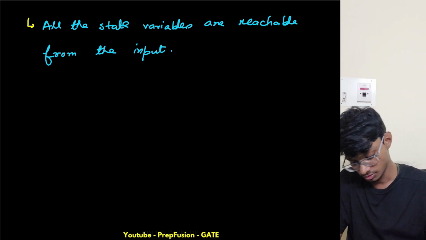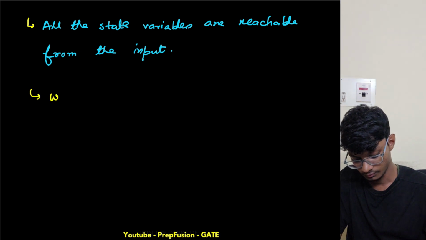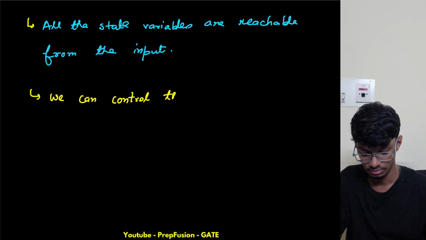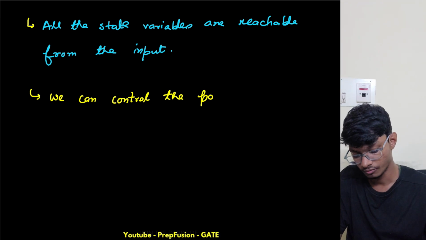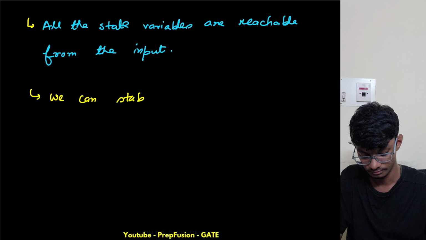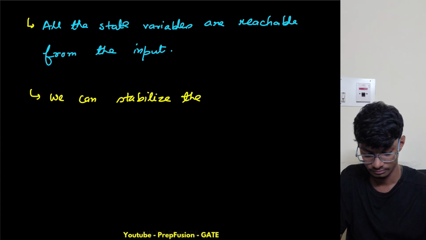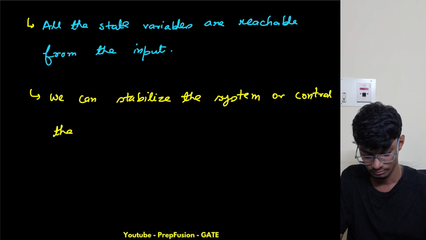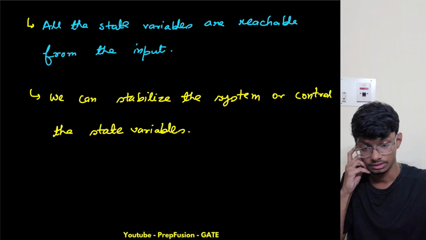With the help of this, we can control the poles, or stabilize the system, or control the state variables. So this is basically what happens.